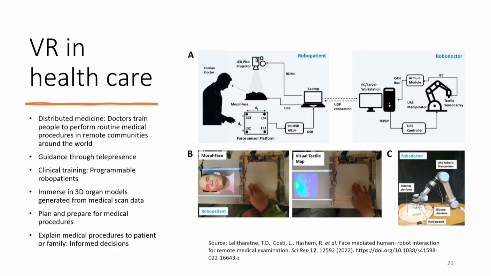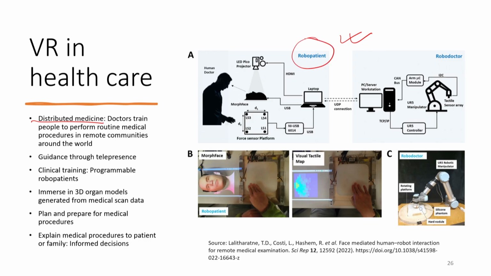Let us look closely at how VR is used in healthcare. Very often VR will be used for the purpose of distributed medicine, where doctors can train people to perform routine medical procedures in remote communities around the world. So, here is an example of how that can occur.